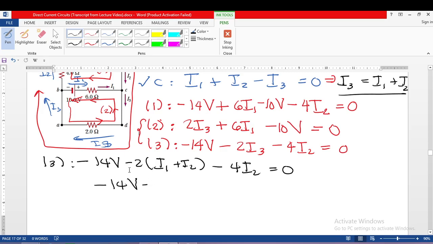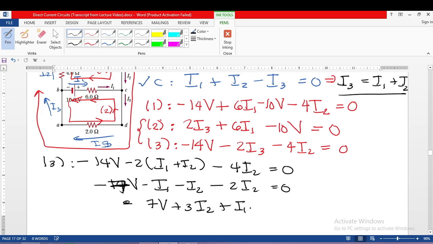So can I divide by 2 para 7 volts. Then we have I1 minus I2. Then we have minus 2I2 is equal to 0. Then we divide both sides by negative 1. So we have 7 volts minus 3 plus 3I2. Then we have plus I1 is equal to 0.